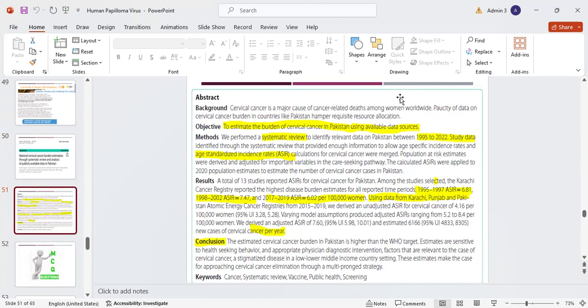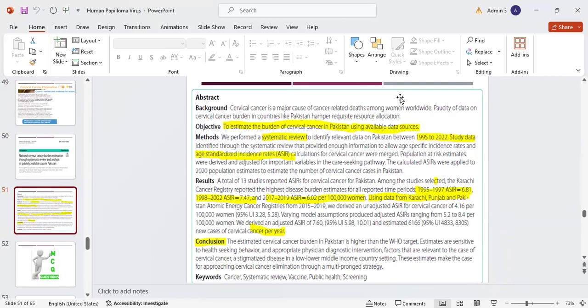The objective of this systematic review is to estimate the burden of cervical cancer in Pakistan using available data sources. They performed a systematic review from 1995 to 2022, and studies that provided enough information to allow age-specific incidence rates and age-standardized incidence rates (ASIR) calculation for cervical cancer were merged. A total of 13 studies were included.